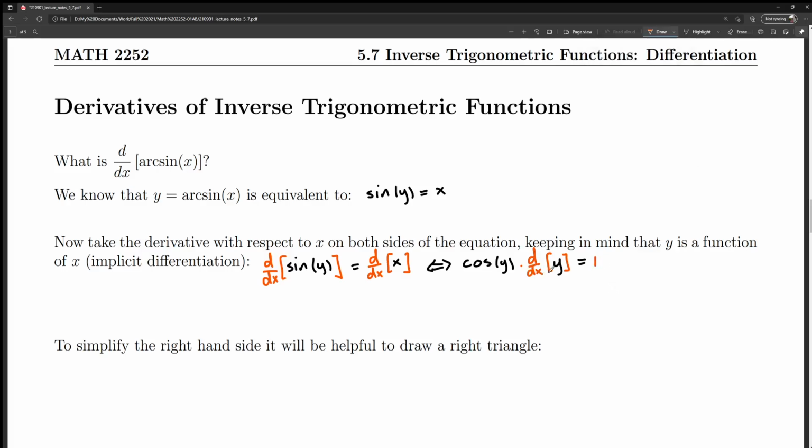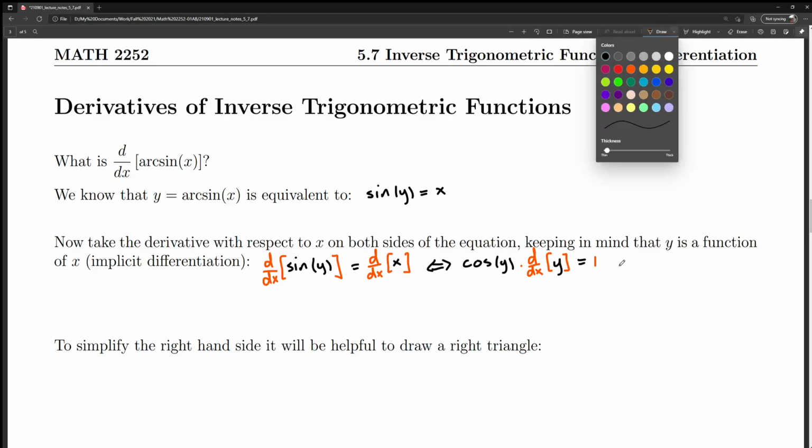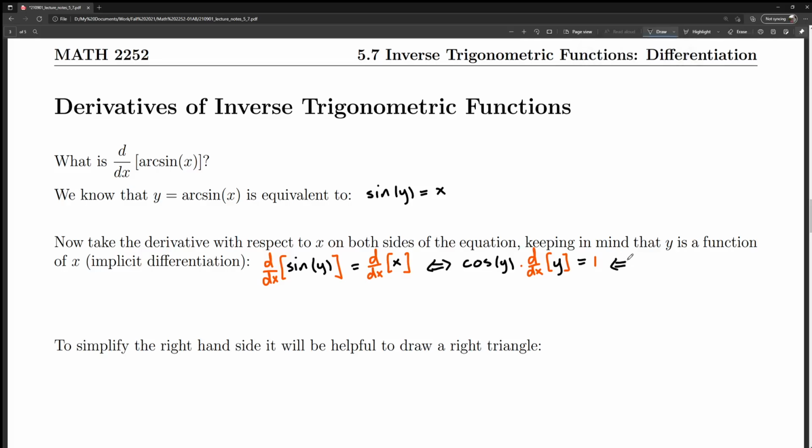Now d/dx of y is just dy/dx. So we can write that dy/dx is equal to 1 over cosine of y.